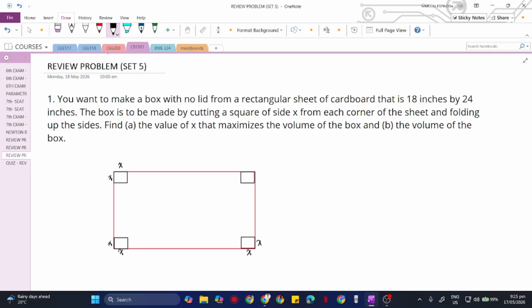So all sides of that are x, such that what we cut we will take out, then what remains we will fold.